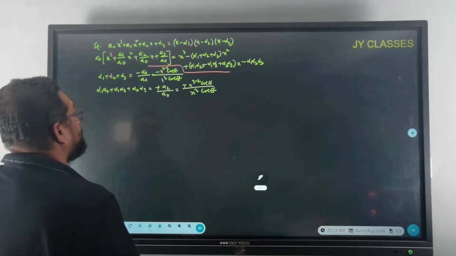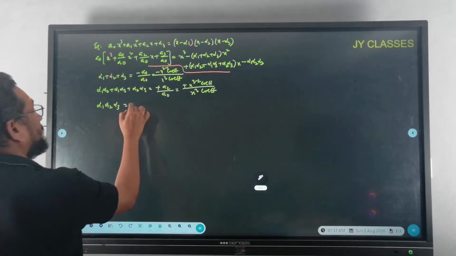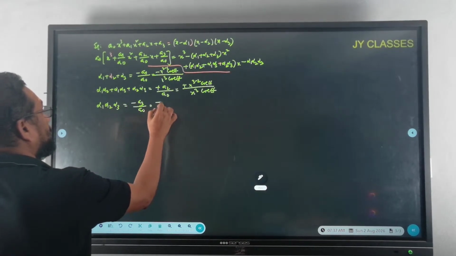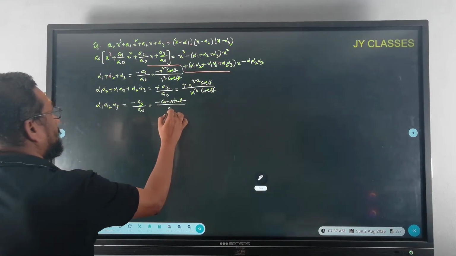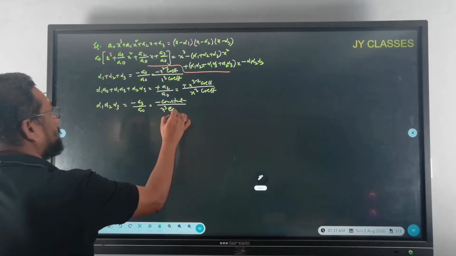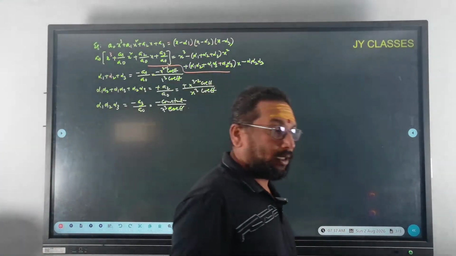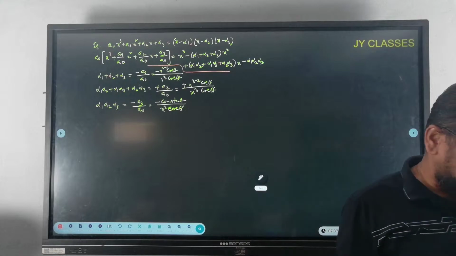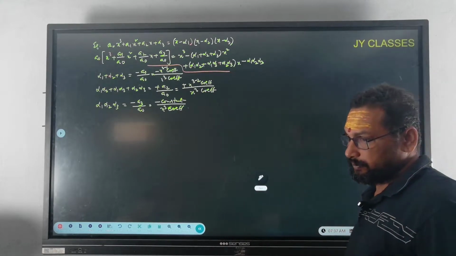And finally the product of roots alpha 1 alpha 2 alpha 3 is equal to minus a3 by a naught, minus constant by x cube coefficient. This is the example for relation between roots and coefficients.